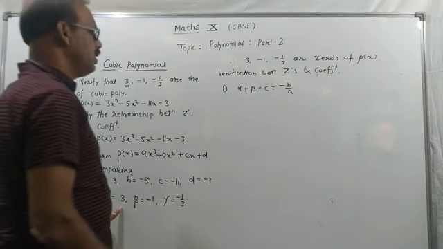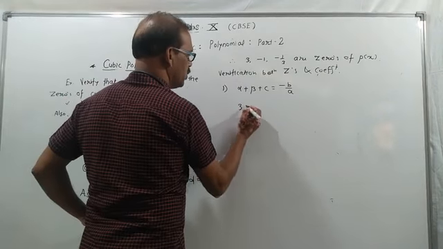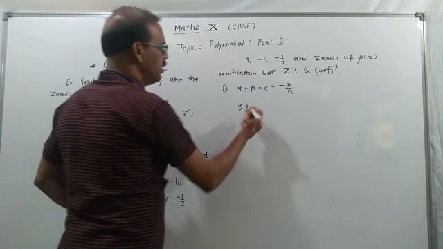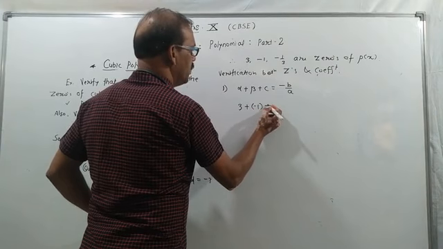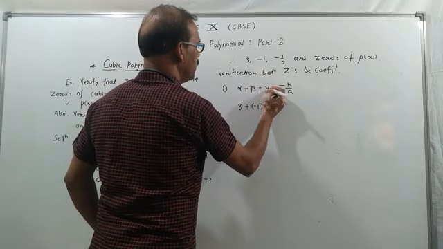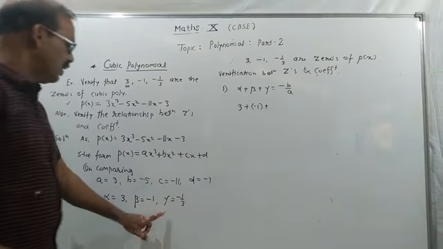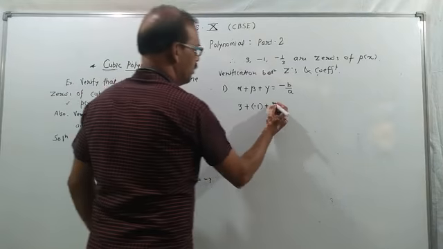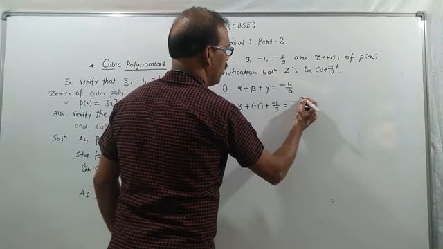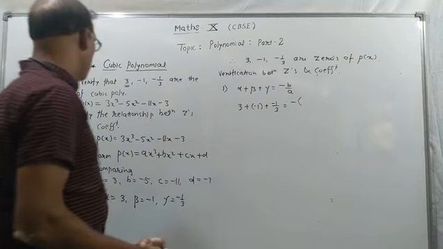The first term is 3. Substitute 3 instead of alpha. Beta is minus 1, plus gamma, and gamma is minus 1 by 3.